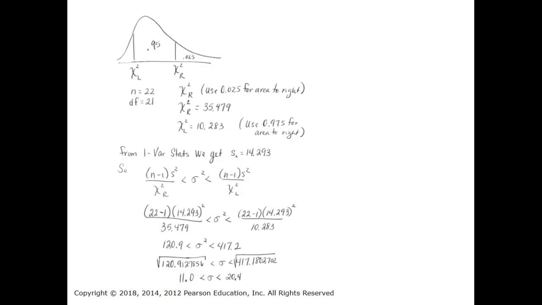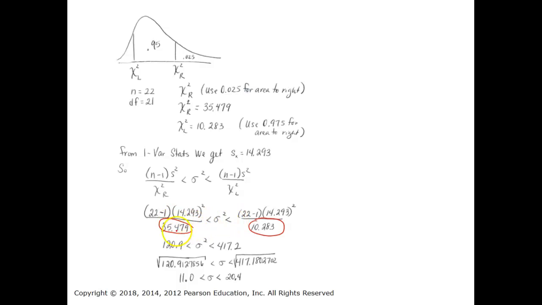Okay, so from here, we're ready to set this up. We found our two critical values and we were given all of our other information. So when we go to plug this in, we're going to put in chi-squared right here, and chi-squared left over here. And we know that if we divide by a larger number, then that total is going to be smaller.